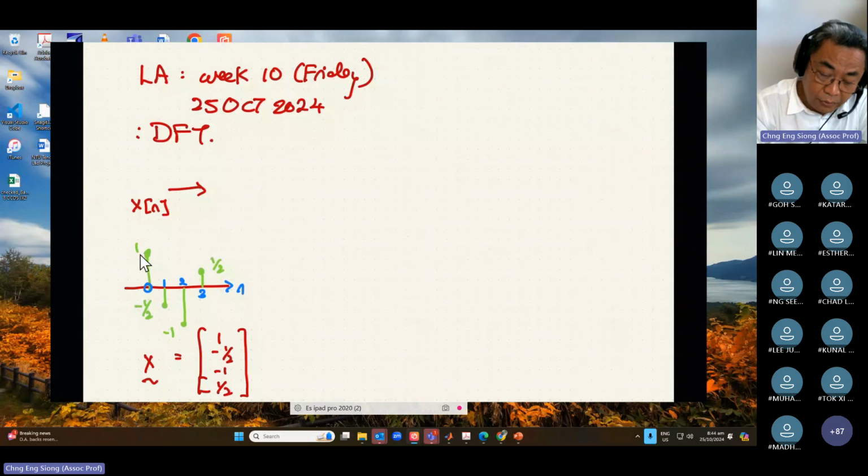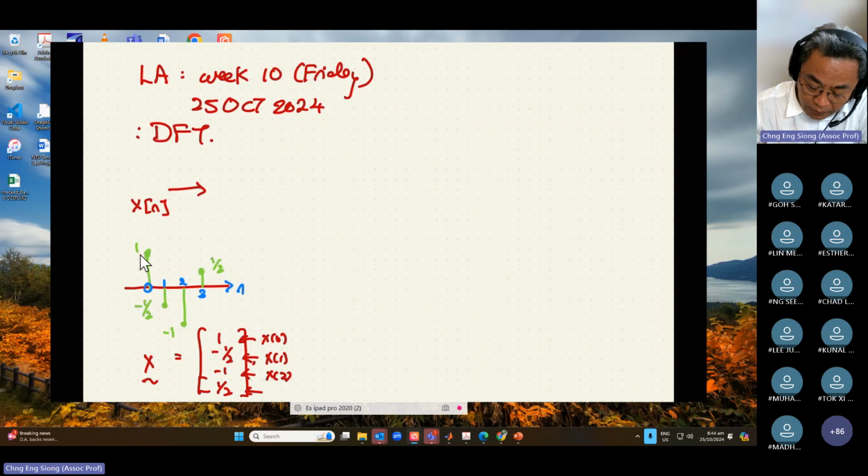And if you really want to label it, this guy is small x of 0, small x of 1, small x of 2, and small x of 3. And we call this an n-point signal, or a vector, with n equals 4.